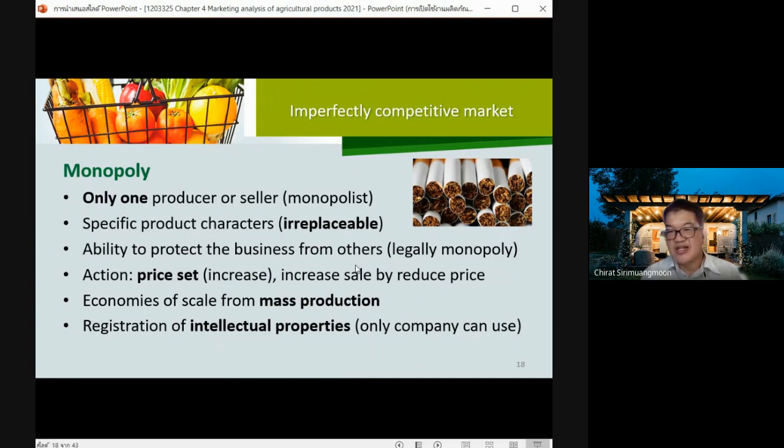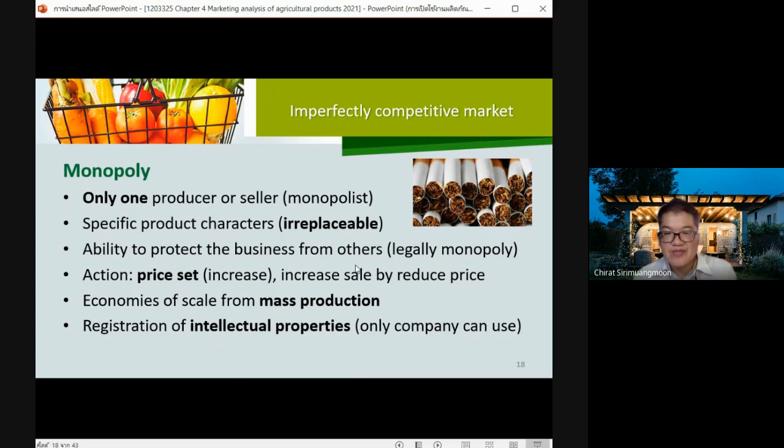If you just have this variety, and other people cannot copy your idea or cannot have the strawberry plant that you have, this is also a specific product characteristic.